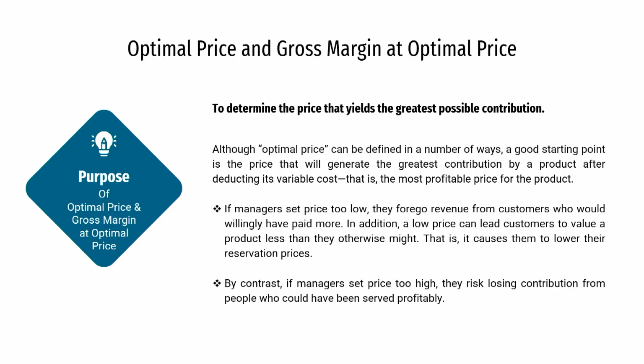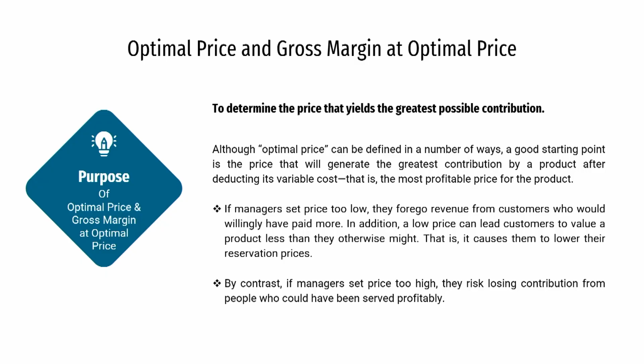That is, it causes them to lower their reservation prices. So, once customers start perceiving that the quality of the product is not good because the price is low, from the next time onwards my reservation price for that particular product will be lower. So, it has two impacts. One is squeezing the contribution margin, and the other is giving a wrong perception of the quality.